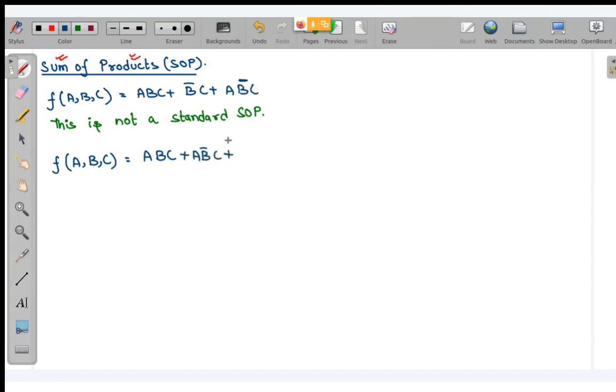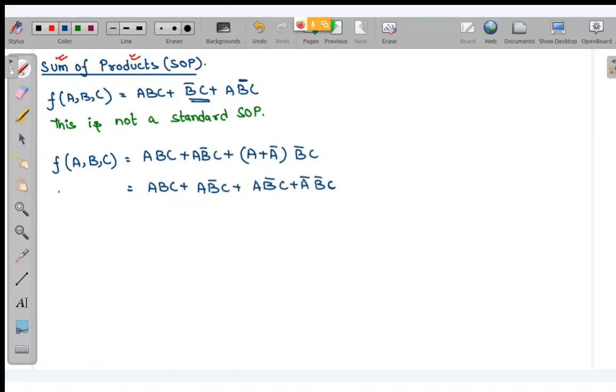But the second term is missing variable A. So to make it standard, I multiply it with A plus A complement. If I expand this, it will be ABC plus AB complement C plus AB complement C plus A complement B complement C complement.